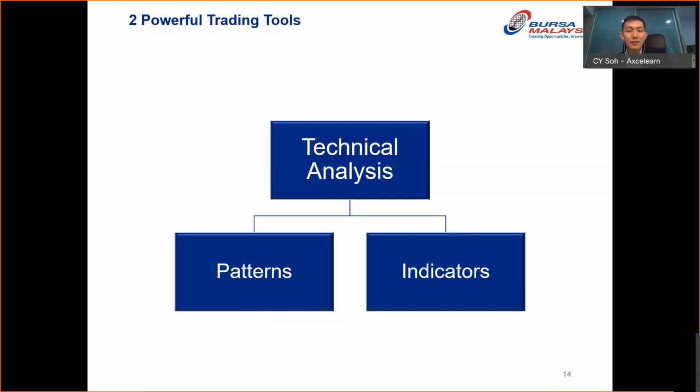So people like you and I would interpret the same thing, because as long as you use indicators that are plotted onto the chart, we are actually seeing the same thing. If you would like to learn more about patterns, you can search for more details yourself, because it takes a lot more time to cover patterns in detail. So today I will be covering more on indicators instead.